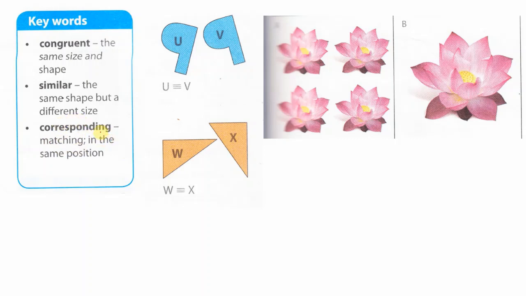The other important thing that we need to focus on is corresponding. It means matching in the same position. For example, this angle here corresponds to that angle in the sense that they are in matching positions and have the same size.